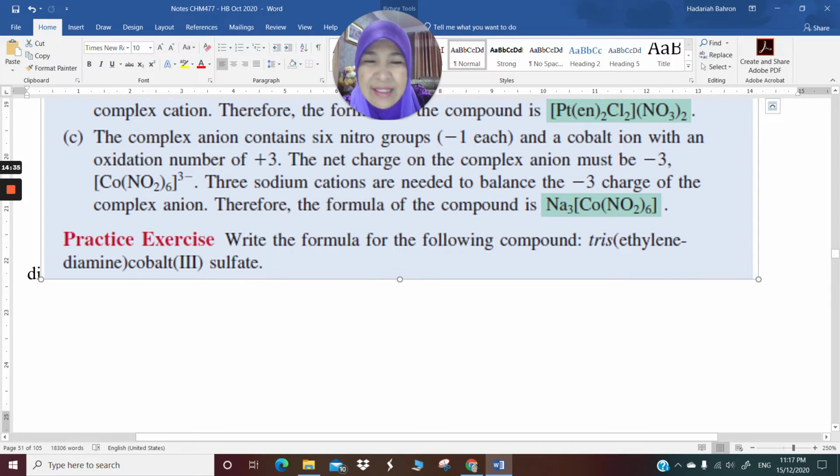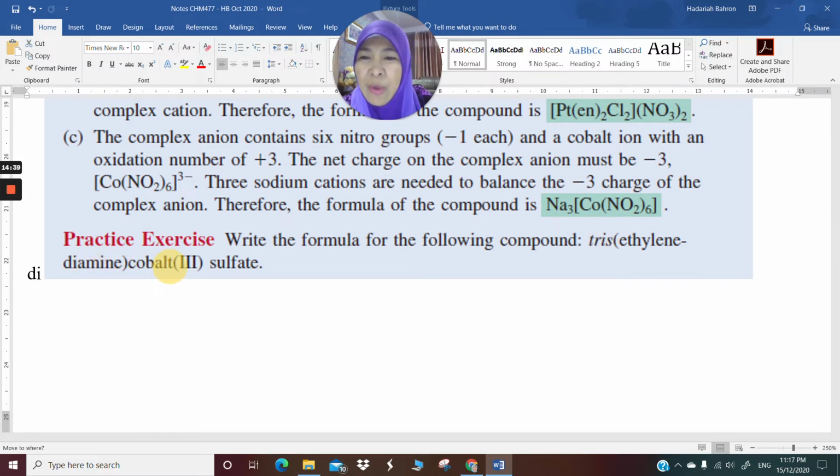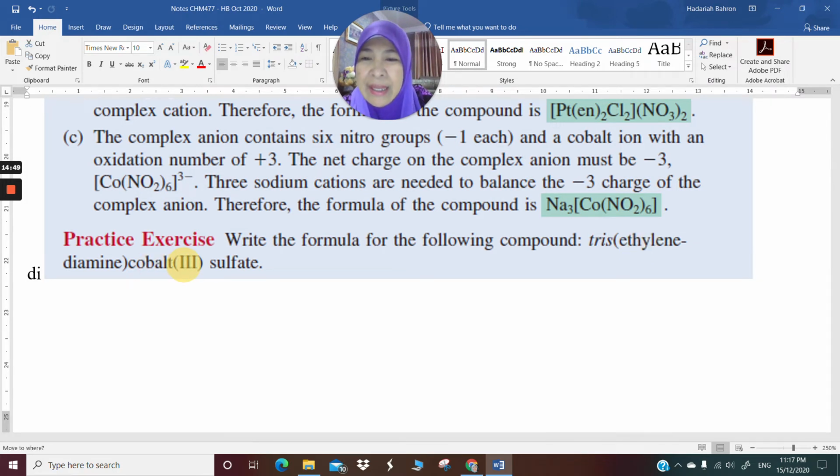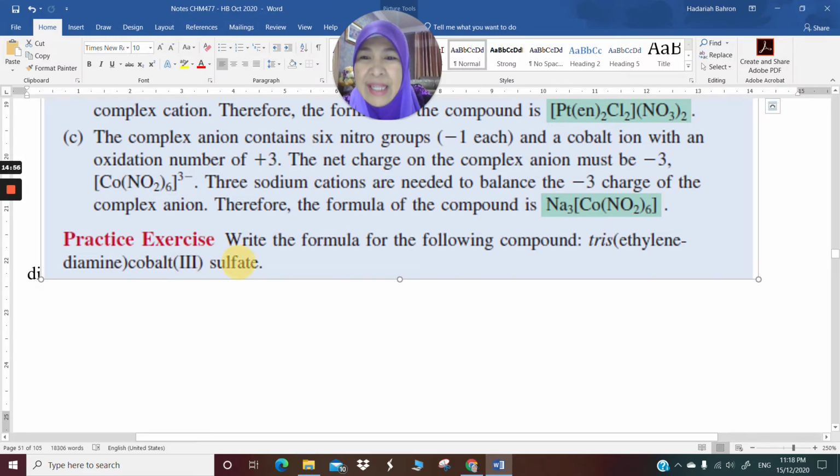And the last one, you have tris ethylene diamine cobalt 3 sulfate. Now, ethylene diamine is a neutral ligand. Cobalt 3 will carry with it 3 plus charge. So sulfate carries with it 2 minus charge.